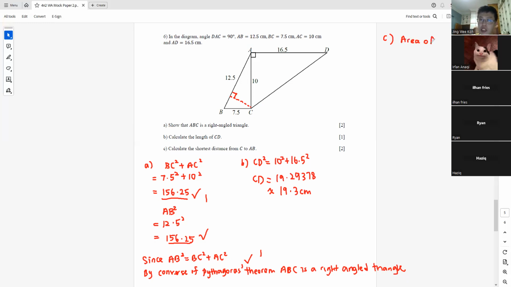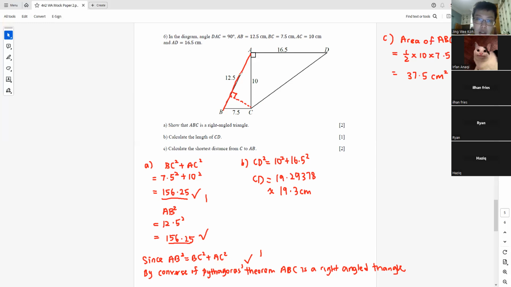So area of ABC, I can use half times base times height because this is a right angle triangle. So I can use half times 10 times 7.5. Get 37.5 cm squared. Now, if I use AB as my base of the triangle, this dotted line will be my height.